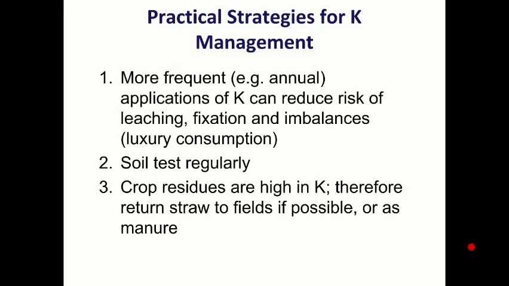So test the soil regularly to make sure that you know how much potassium you really need to apply. And then crop residues are really high in potassium, especially straw. So returning straw to fields or manure, if possible, is another way to improve the efficiency of potassium use on your farm.